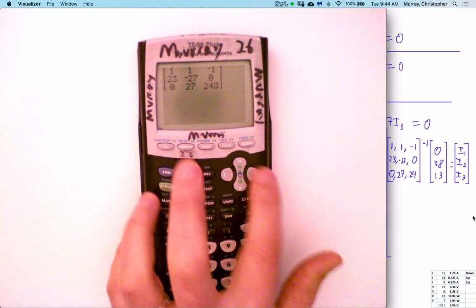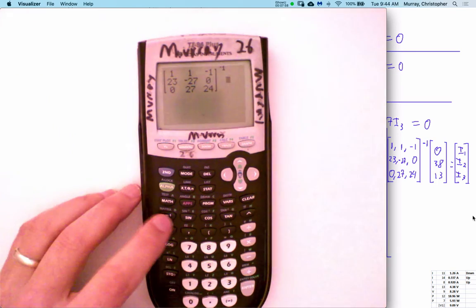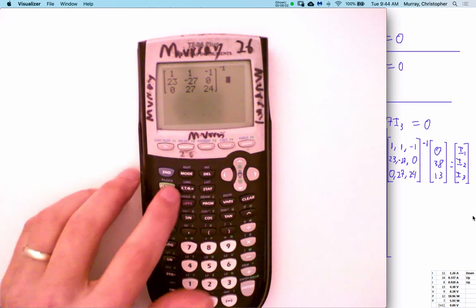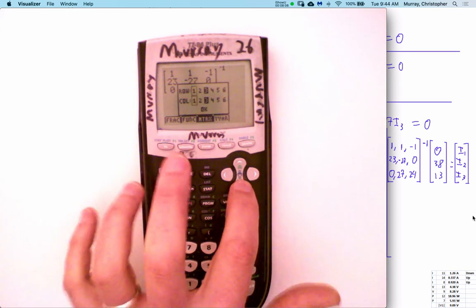I think I've got my first matrix set up correctly. Then I inverted that, hitting the inverse button. Let's put in another matrix to multiply it by. This one's going to have 3 rows, but only 1 column.